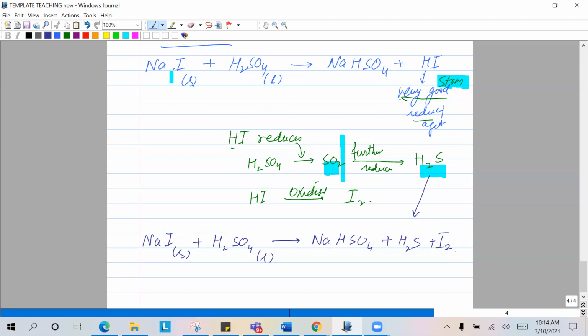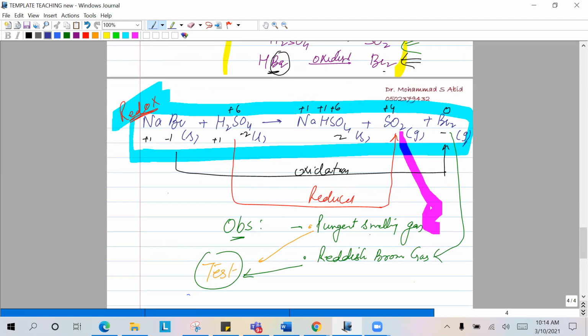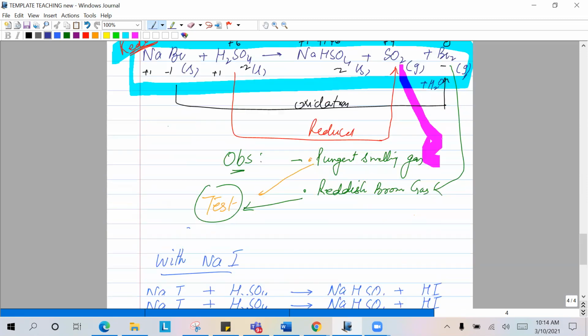So I2 you can say gas or solid, better say gas, and H2S is a gas, and you will have some amount of water also formed here. If you go for the balancing, you will find water is also formed over here.